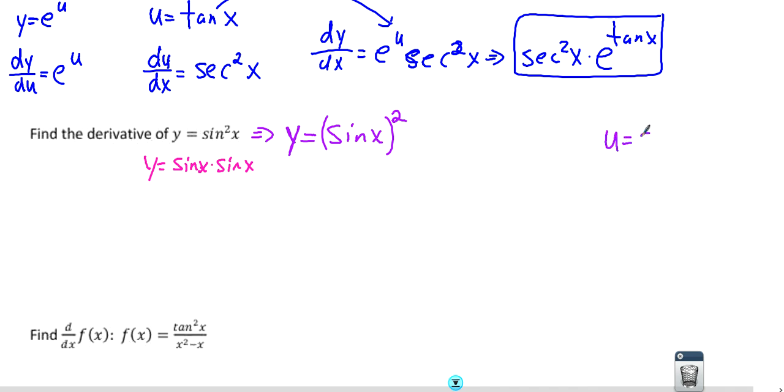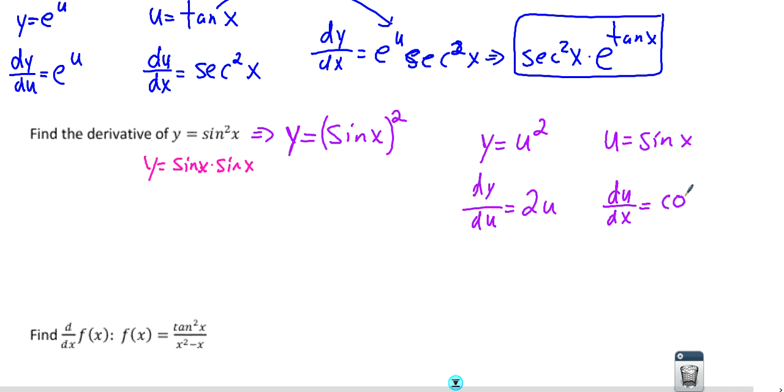So again, we pick our u, which is our inside function. So u is sine x. And then we rewrite it as y equals u squared. So you can see here that now I have two super simple derivatives. So dy over du is 2u, and du over dx is cosine x.